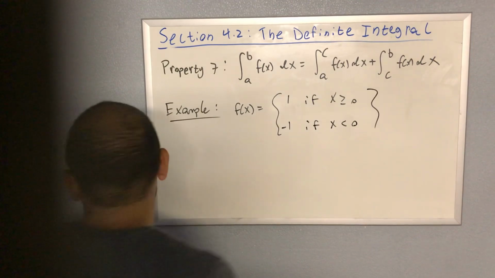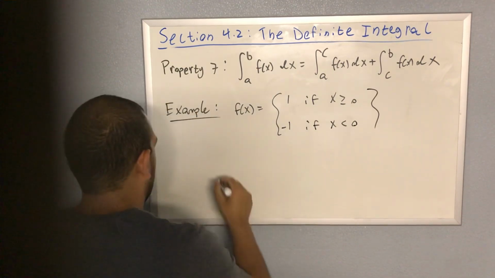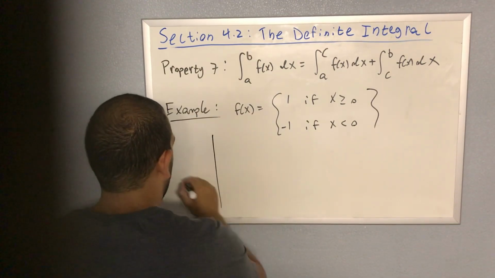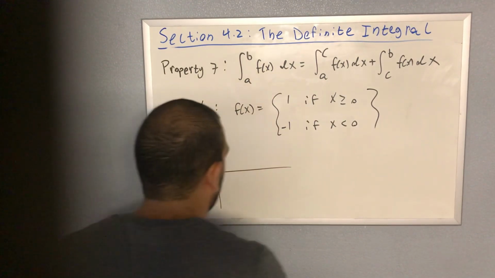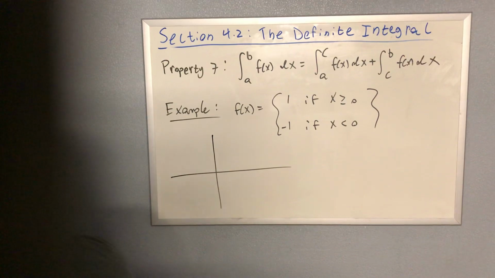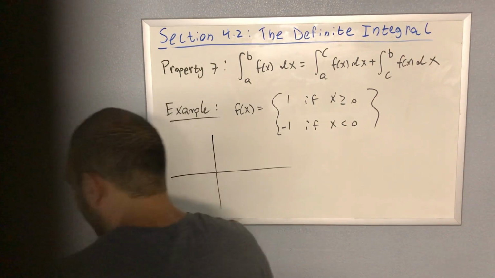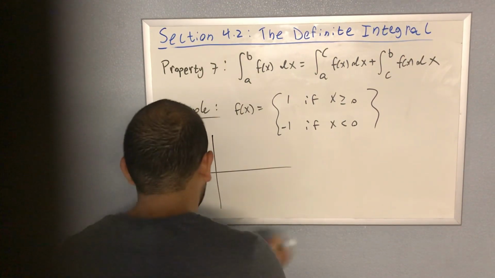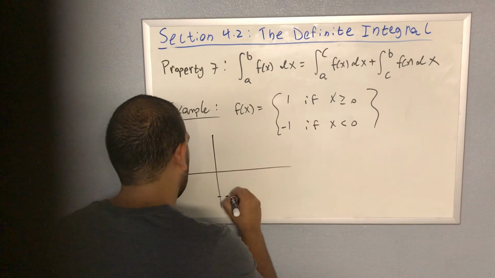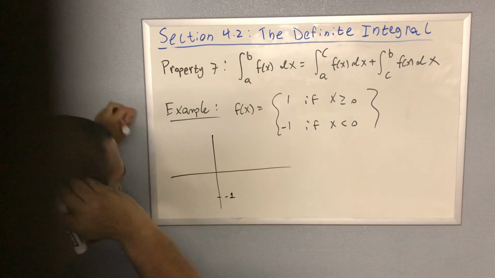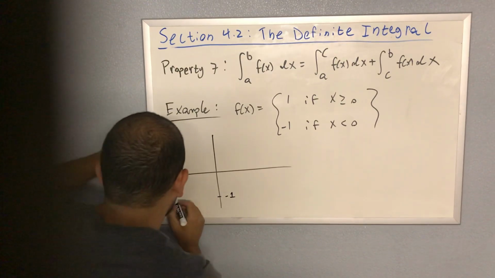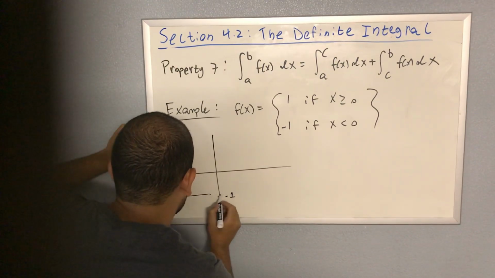What does it look like? It says that you have a value of -1 for negative numbers. So here's -1, and it's constant, right? It's always -1. No matter what my input is, the output is always -1 for negative ones here.